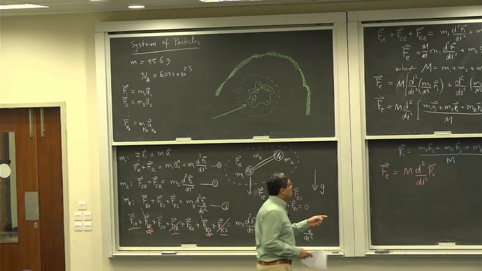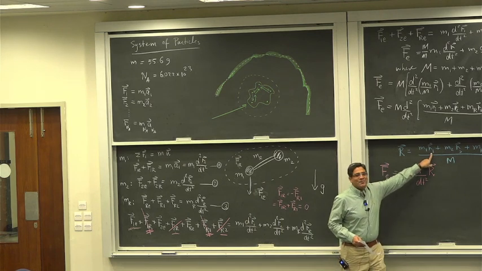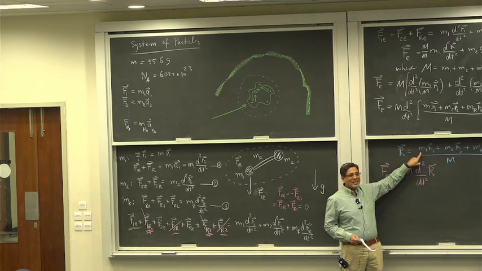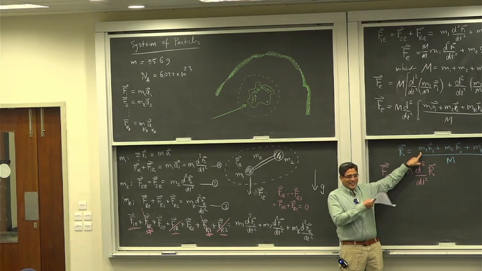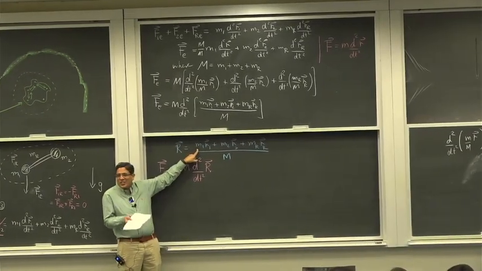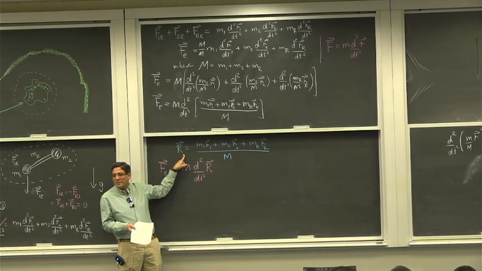You take the position vector of each particle and multiply it with its mass, so that if it has larger mass, it gets a larger say in determining where this R would be.